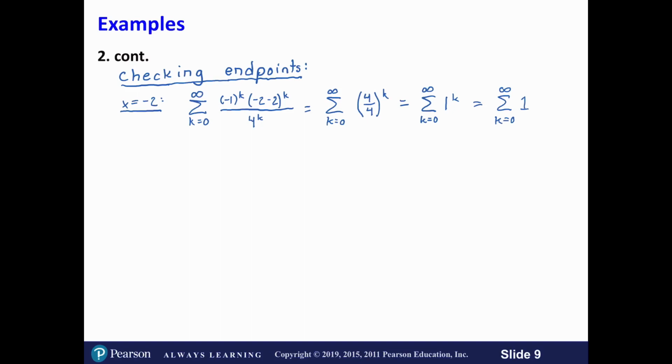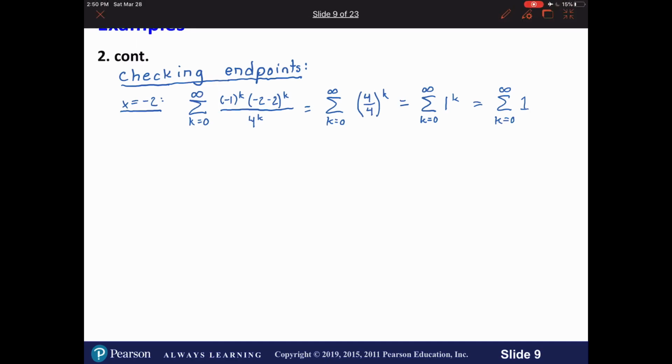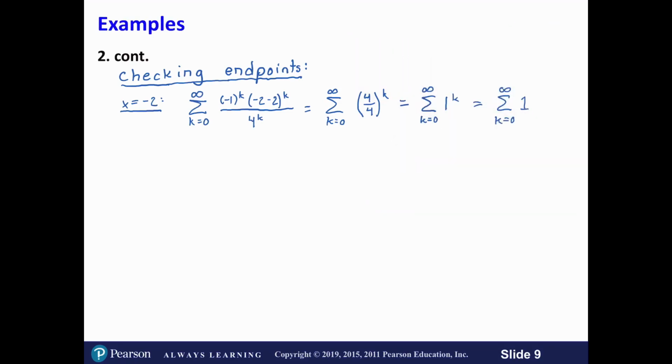And so let me ask you guys this. Does this thing converge or diverge? Think carefully. A lot of people get this wrong. This thing will diverge. And the reason it diverges is because this sum is not finite.